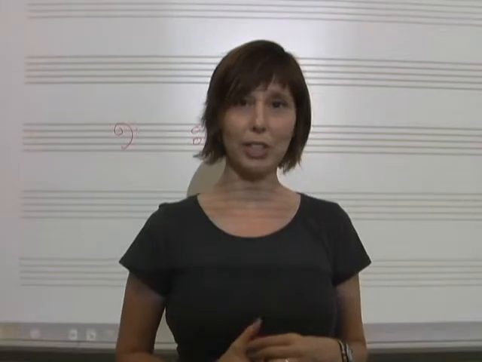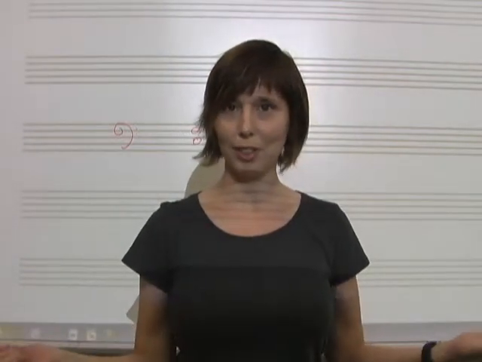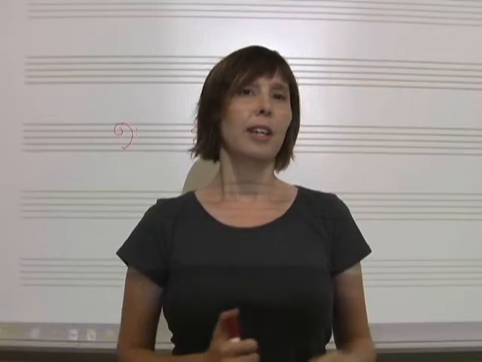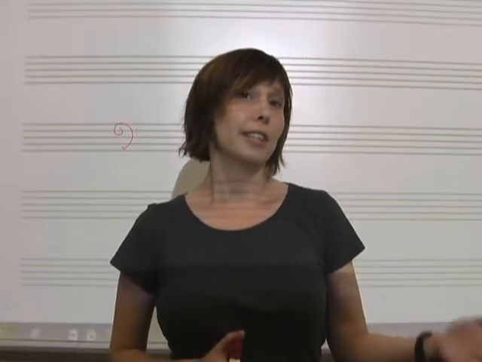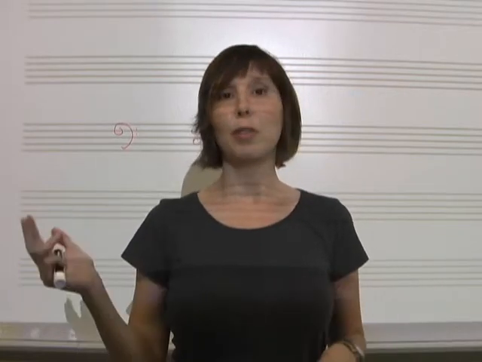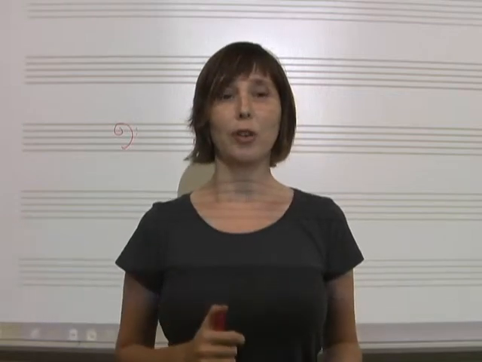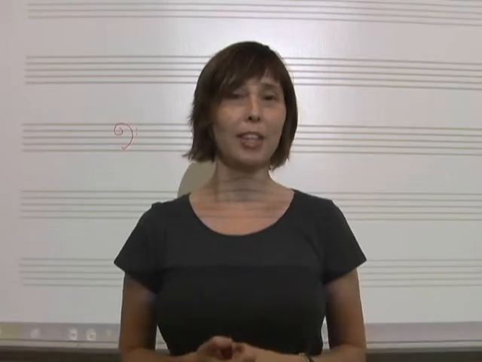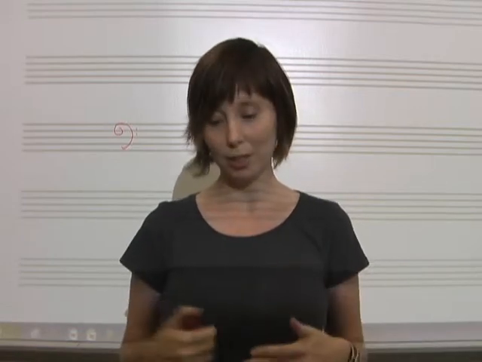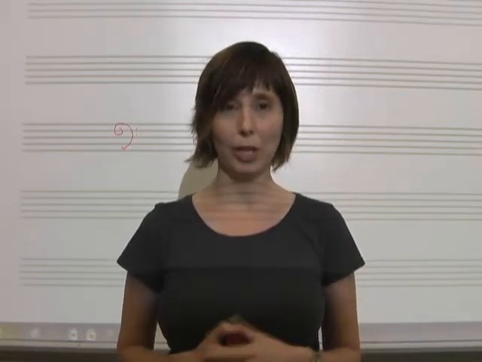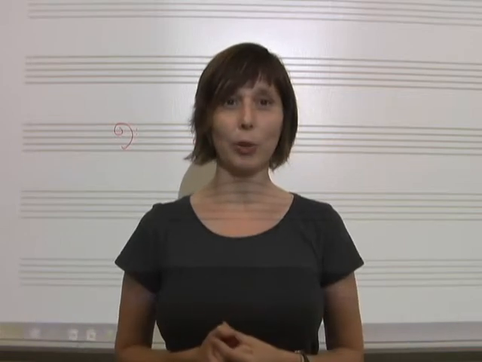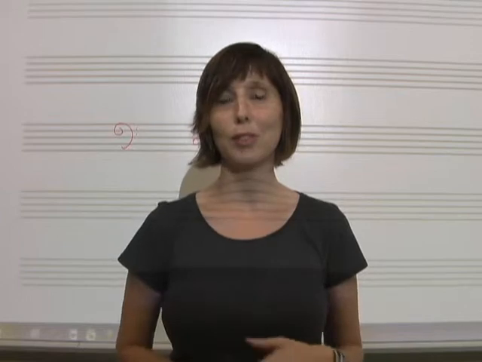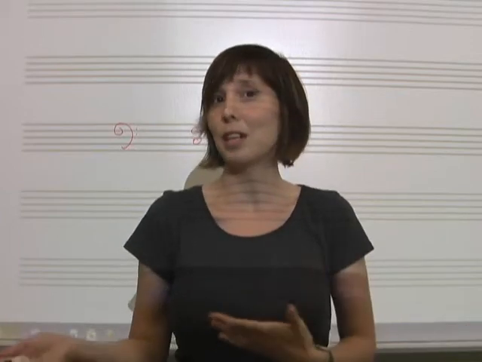Now you might be wondering at this point, usually my students wonder this, why can't I just assume if I'm starting on a natural that a fifth above it is going to be a natural? Or if I'm starting on a flat, a fifth above it is going to be a flat. Usually at some point people want this kind of rule. Well, that's not really how it works. Because remember, with scales, sometimes the fifth note might have a sharp and sometimes not.